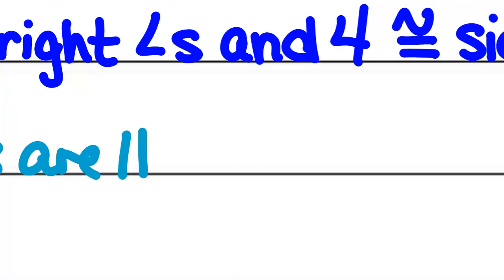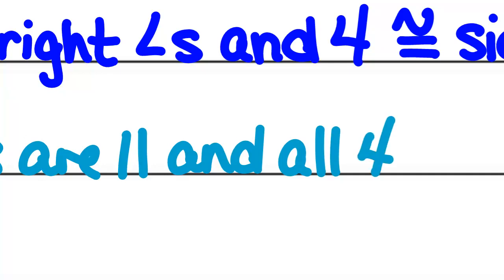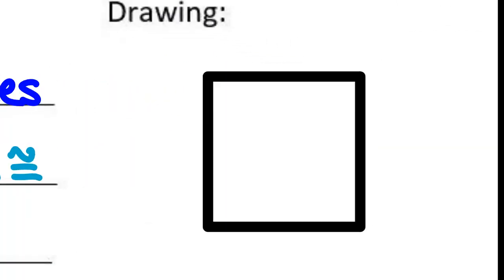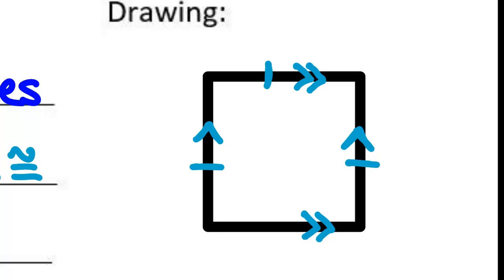And all 4 sides are congruent. So I'm going to mark the sides just like I did with the rhombus. The left is parallel to the right, and the top is parallel to the bottom. All 4 sides get 1 congruence mark each because all 4 sides are the exact same size.